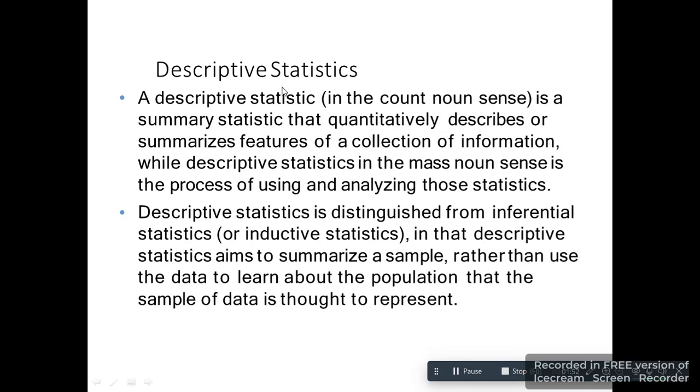As I already told you, it is a brief informational coefficient which summarizes the given data set, rather than using the data to learn about the population that the sample of the data is meant to represent.